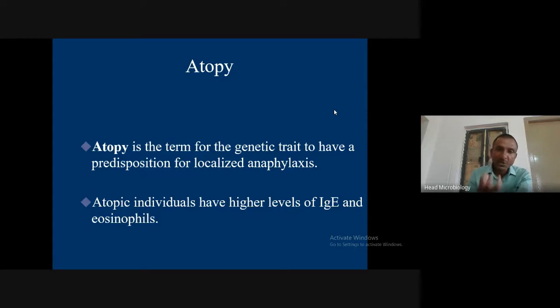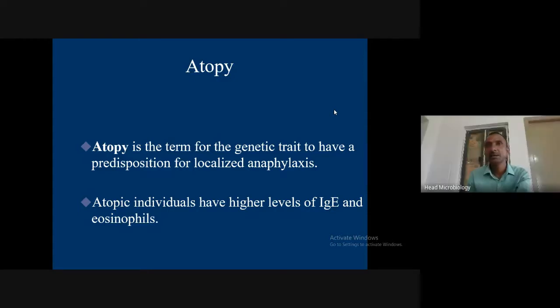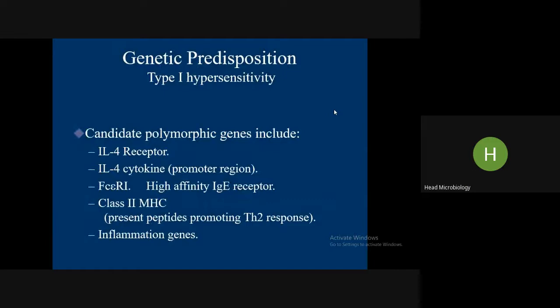These atopic individuals have higher levels of IgE and eosinophils. Atopy is presenting with very high levels of IgE immunoglobulin and eosinophils. There is a genetic predisposition to type 1 hypersensitivity.